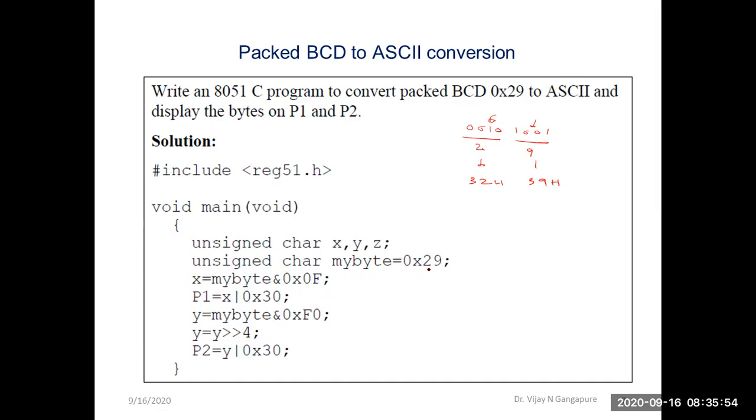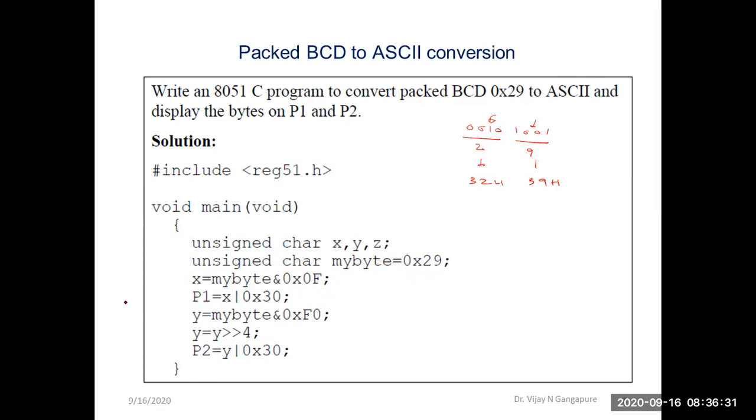Hexadecimal numbers are actually binary, 0010 and 1001, stored in mybyte. In this way, in any variable in C, I can store data in any number system. I will explain in the next lecture how to assign values in various number systems to a variable. So this second declaration statement declares mybyte as an unsigned char variable in which I am storing 0x29.